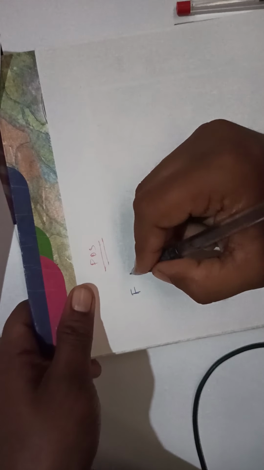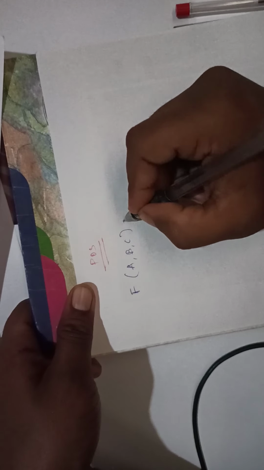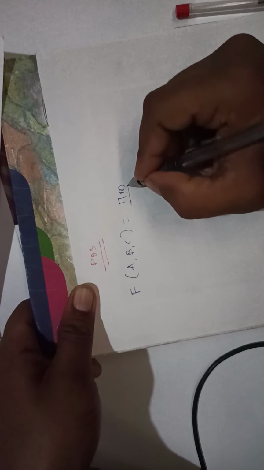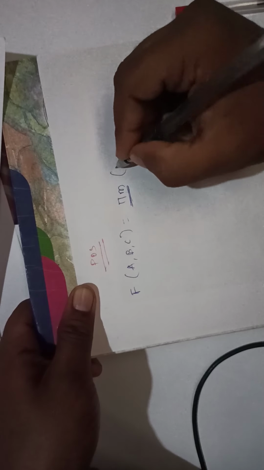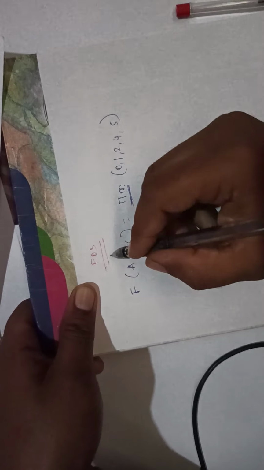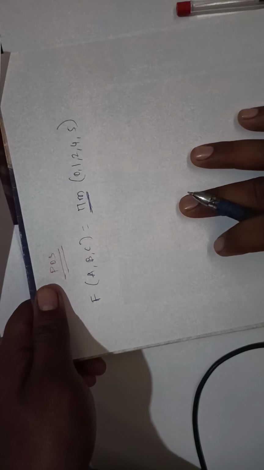Okay, the example is given: F(a, b, c) = pi m(0, 1, 2, 4, 5), that is the product of sum. Here there are only 3 variables. Previously we saw 4-variable examples in SOP form.